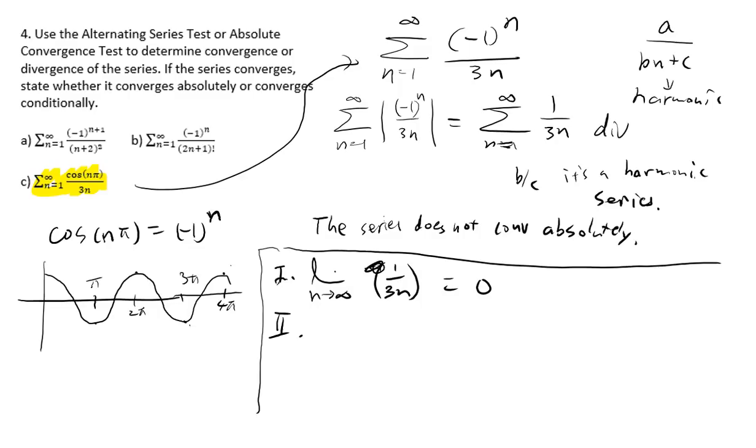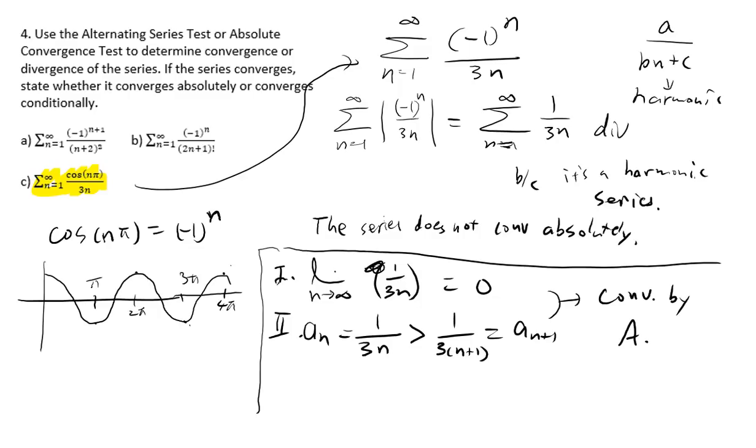Second, you have to show that 1 over 3n and 1 over 3(n plus 1), as n increases, is a decreasing function, which is obvious too because the denominator became bigger. So this is your a_n, this is your a_(n+1), and it's a decreasing function. And thus, we can say it converges by the alternating series test, which means that the series converges conditionally.